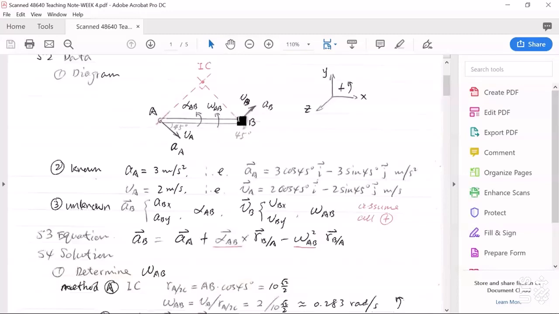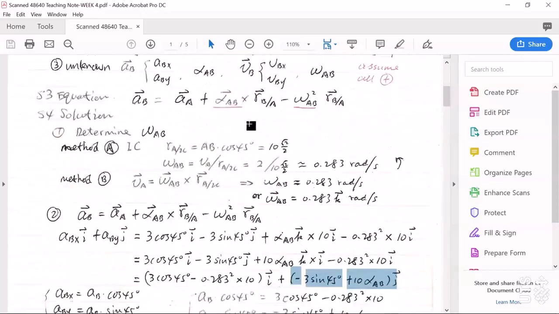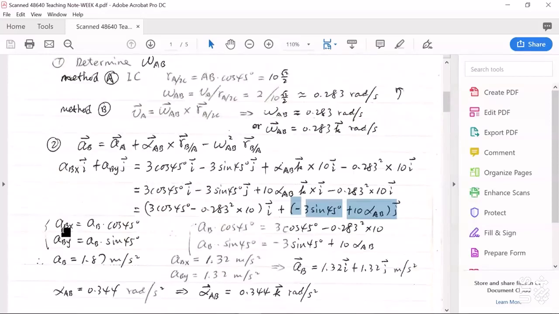So this means the angle between aB and this road AB must be 45 degrees. And that means aBx, aBy can be expressed using aB.